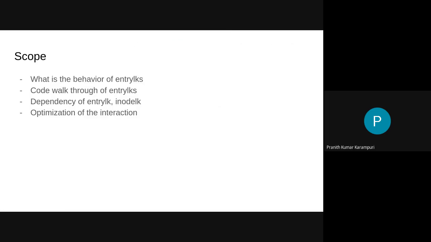We will see how entry LKs behave, and I'll try to go through the code for how entry LKs are acquired and released. It will be almost similar to inode LKs. Then there is the dependency of entry LK and inode LK, and how that led to a recent change in the locks translator.